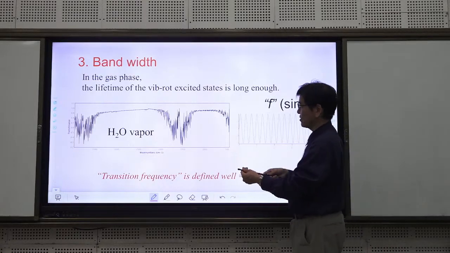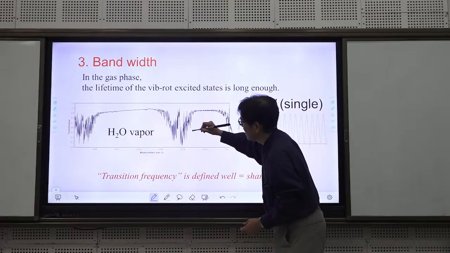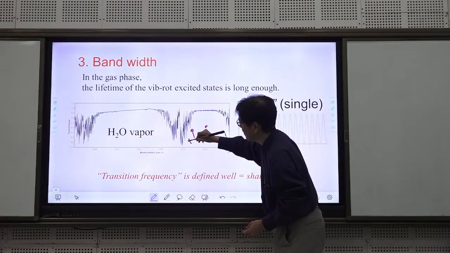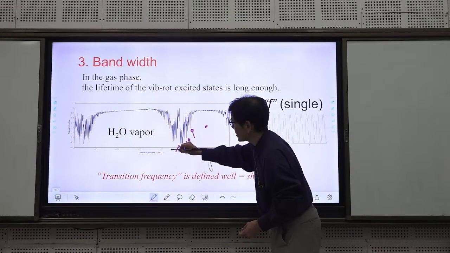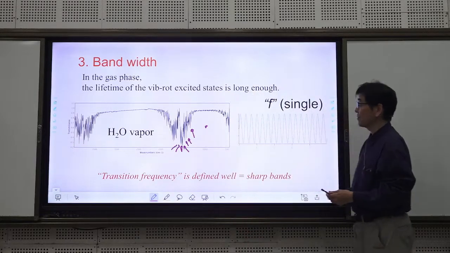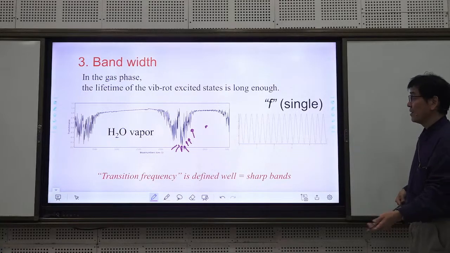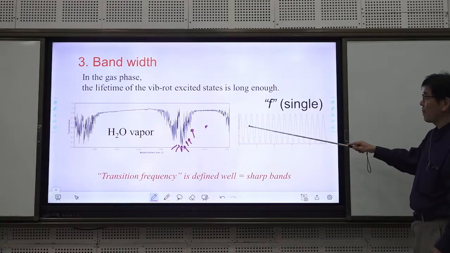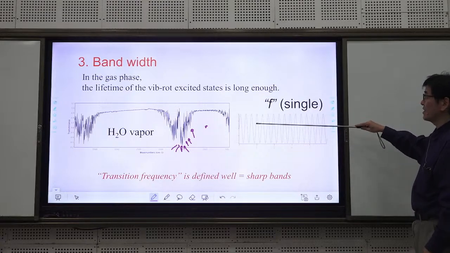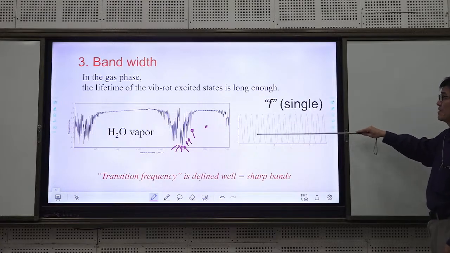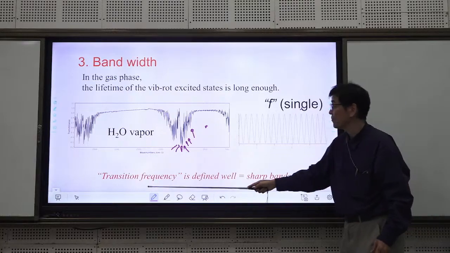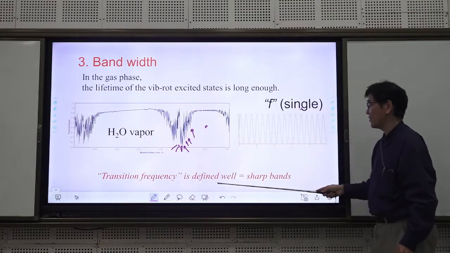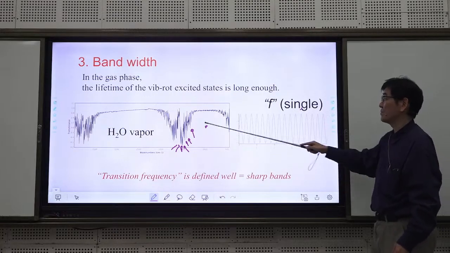So actually each peak has a meaning. This is not noise. This is the rotational lines. So in the case of gas phase, transition frequency is pure or single frequency, and the spectral width is defined well, so we can detect sharp bands like this.